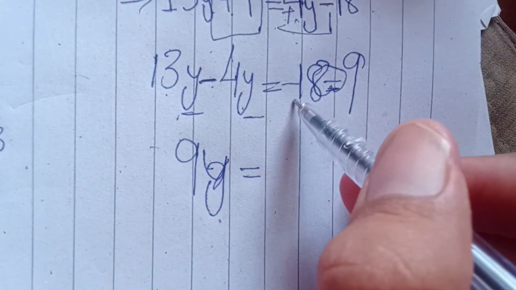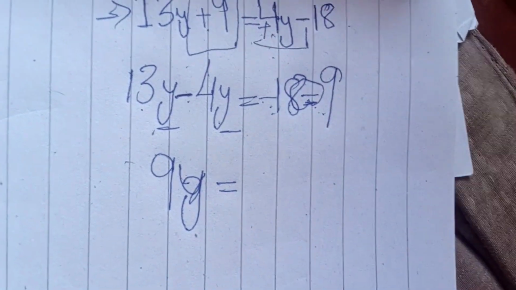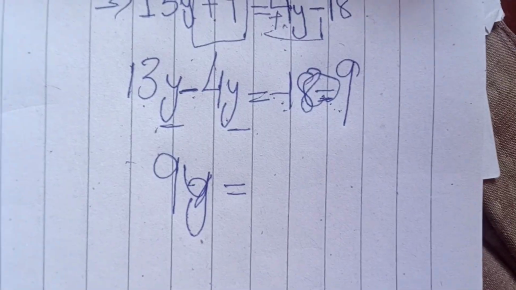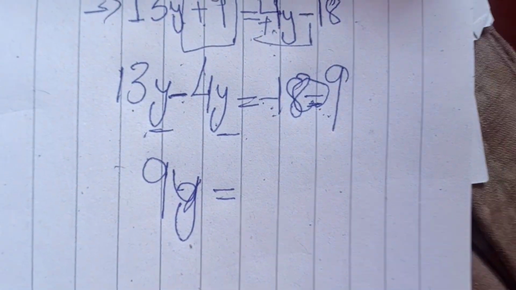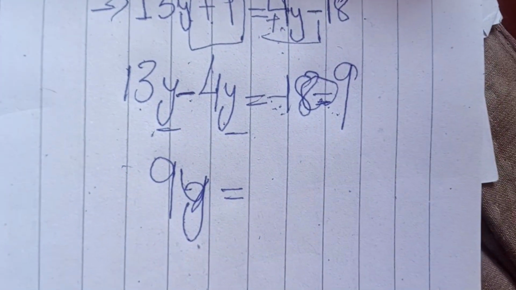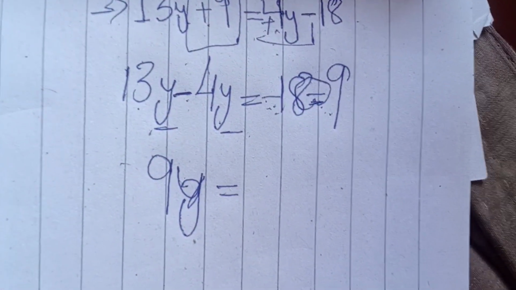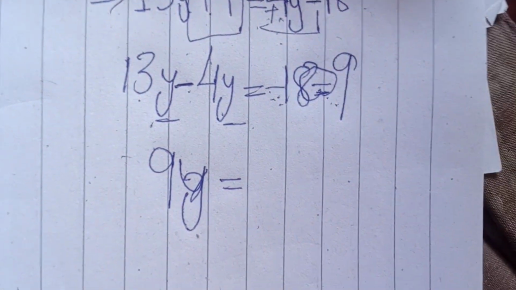Now the right hand side has two numbers with minus signs. How to evaluate this? Minus 18 and minus 9. Let's clear your concept on this also.